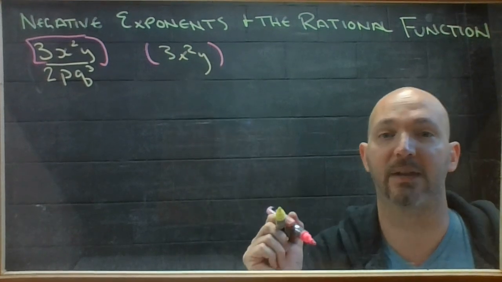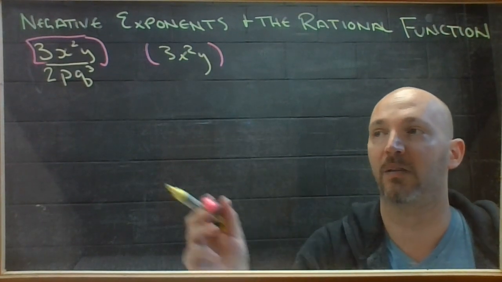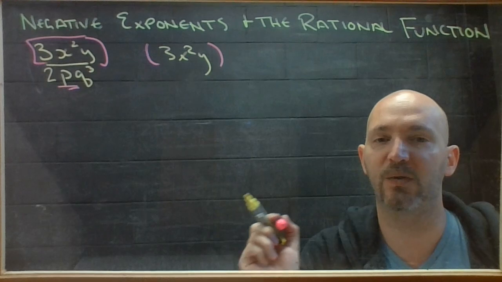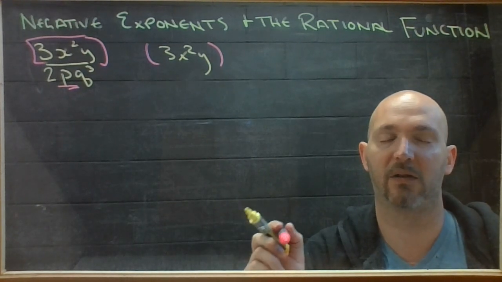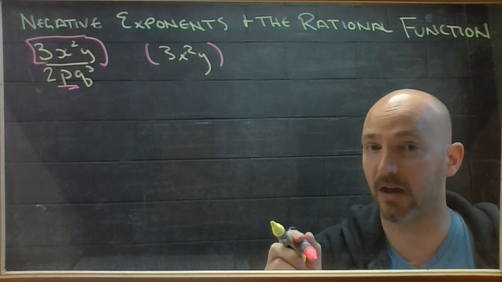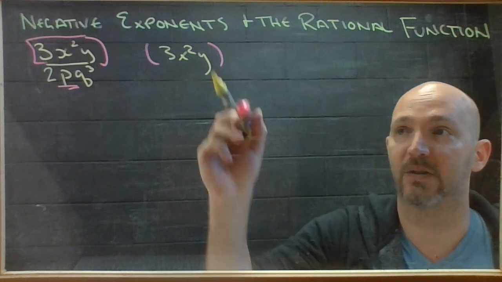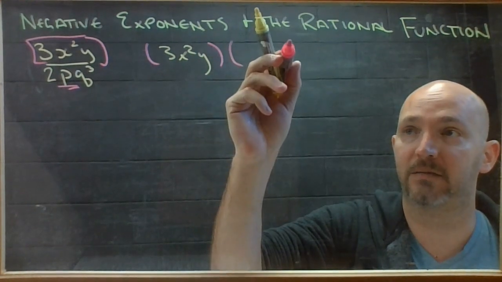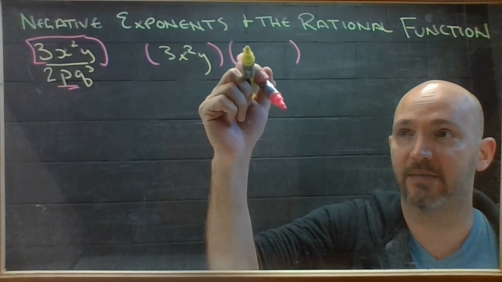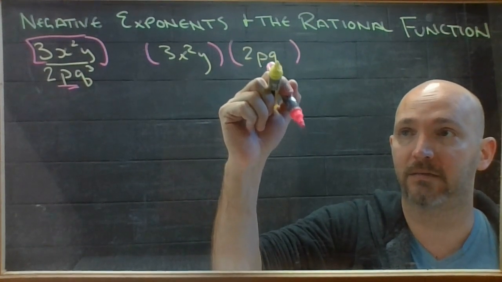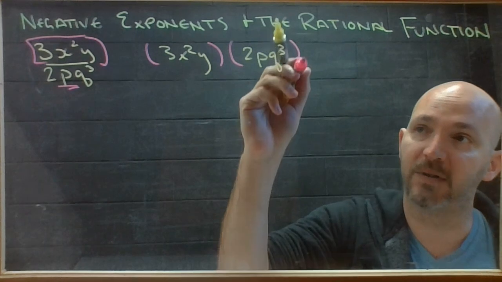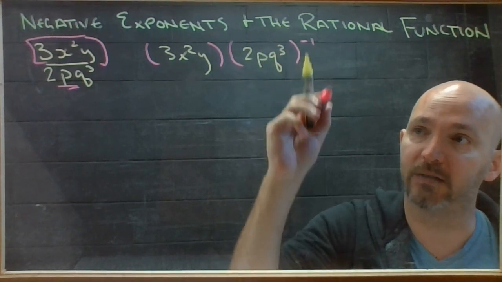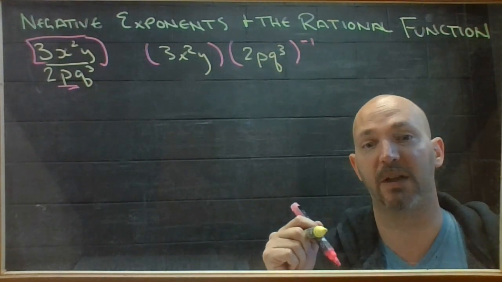I don't have to do anything to that. But this part, the 2pq3, all of that stuff is in the denominator of that fraction. So I'm going to build a bracket. I'm going to put all that stuff in there. And I'm going to put it to the exponent -1 so that I know it should be in the denominator.